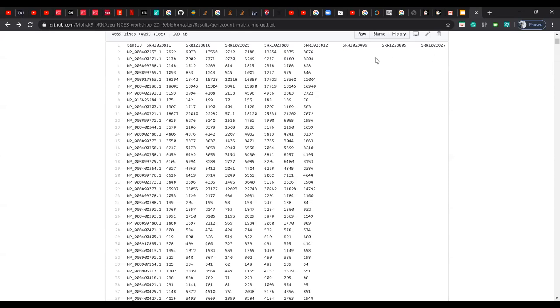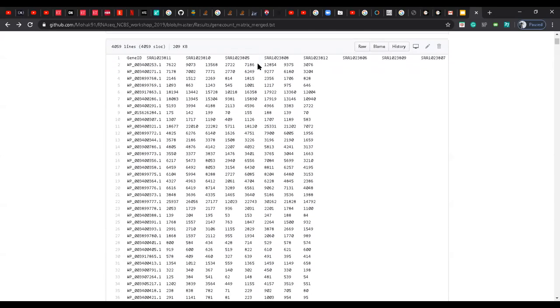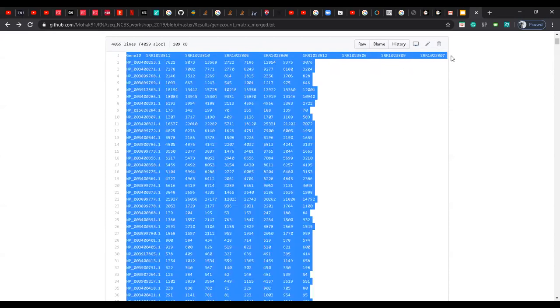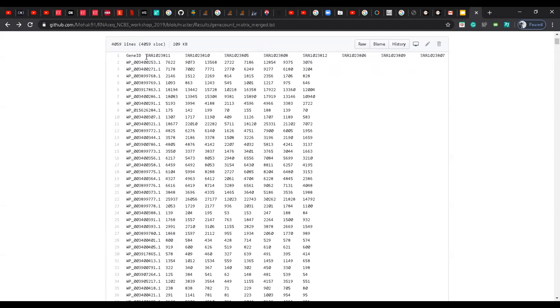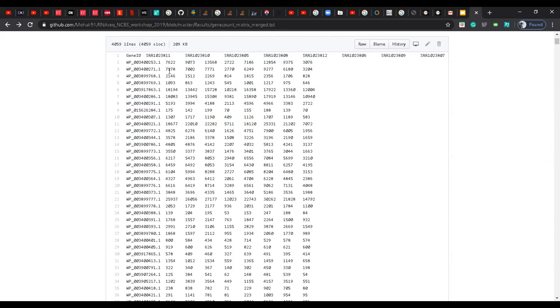So now what you're looking at here is a table, which we will cover in the next class. The columns here are the sample IDs. These are the samples that we had, and we've seen how to download them from the databases. So this is SRR ID 1023811. This second column is sample one, the third column is sample 2, sample 3, sample 4, sample 5.